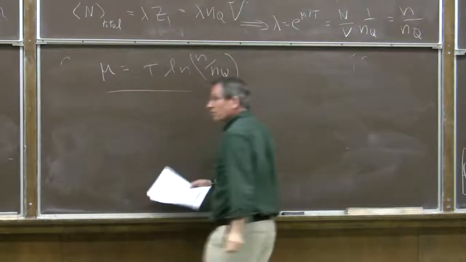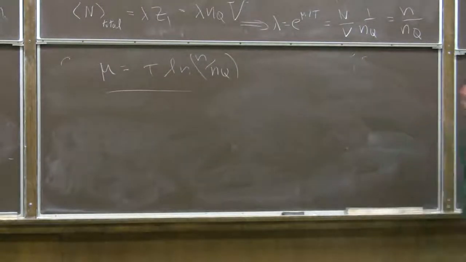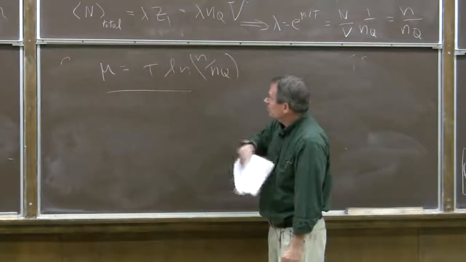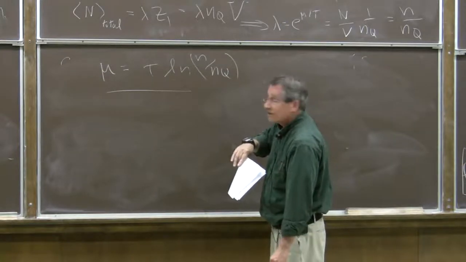We derived it before by first deriving the free energy, right? And then we had to fix an error: at first we hadn't taken into account that the particles were indistinguishable, so we had to divide by n factorial in the partition function. And when we did that, we got a free energy from which we could obtain the chemical potential, and we got this formula.